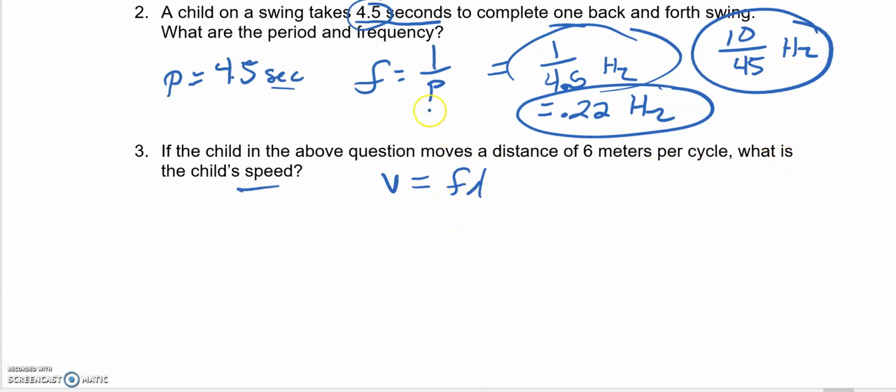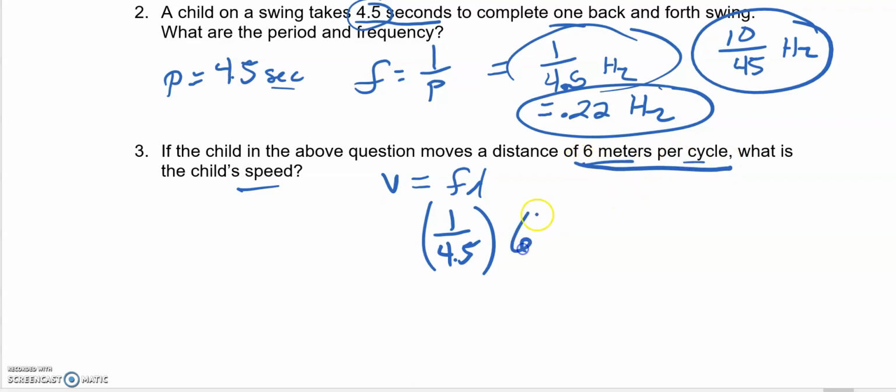We know the frequency from the question up here in number 2 to be, I'm going to leave it as, 1 over 4.5 hertz. We know our wavelength because this tells us it's 6 meters per one cycle. So we know our wavelength is 6, and we can multiply those together. And we get V equals 1.3 repeating.